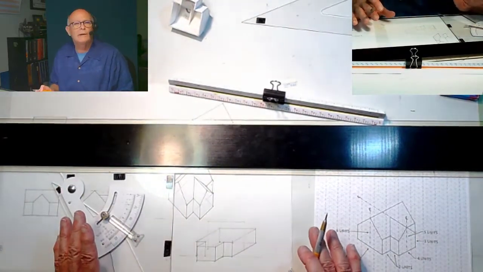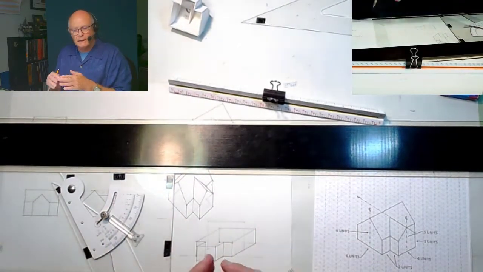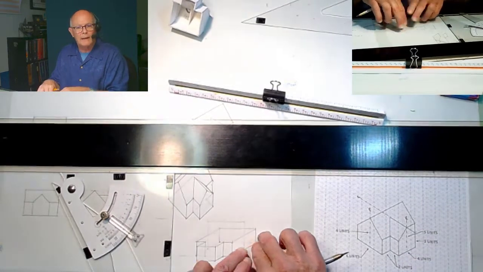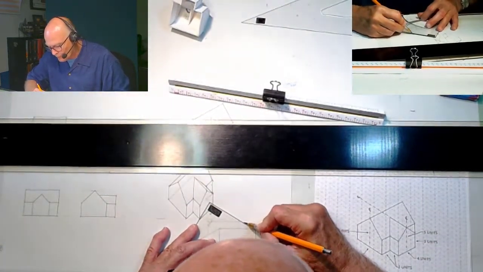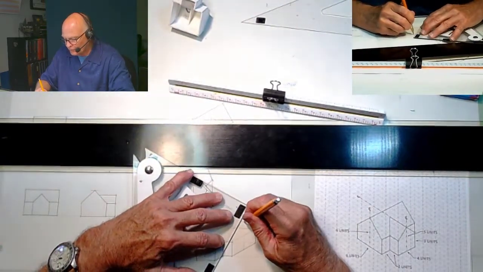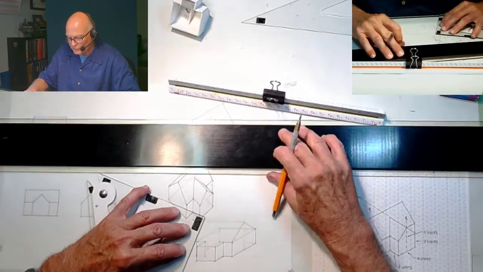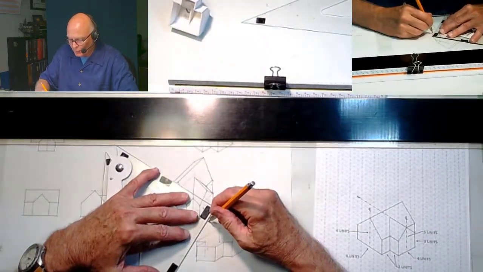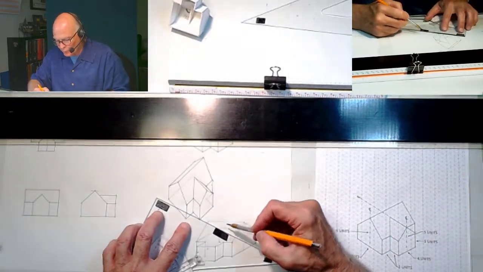Now we're going to go ahead and connect the corners again at the roof line so that we can see the form of the roof. And again, these won't be set on any particular angle except to say we're connecting points in the drawing that provide us with that orientation.